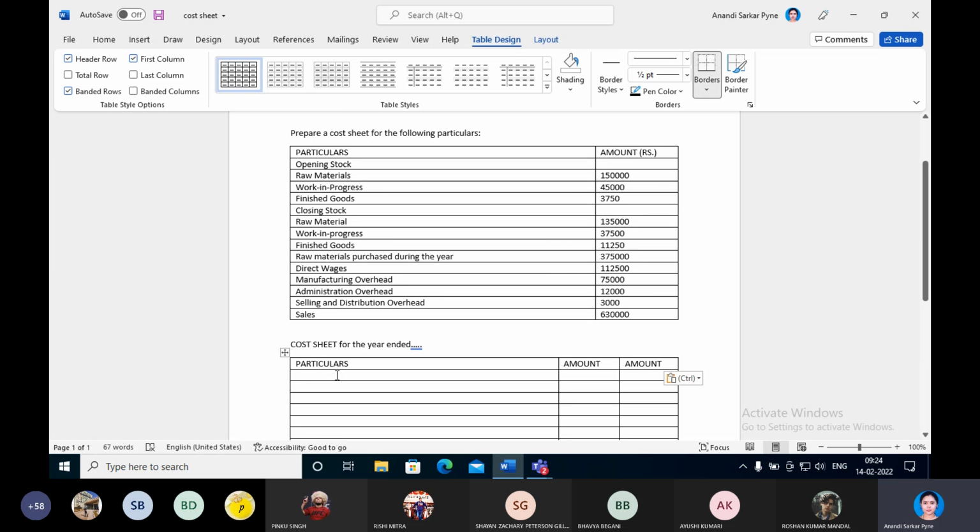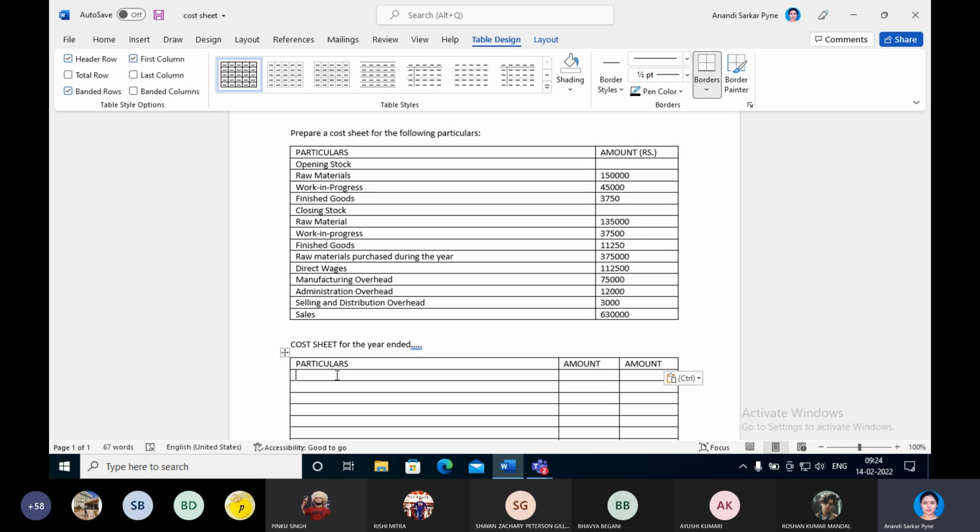In a cost sheet, first we consider all the direct expenses, then we start considering the indirect expenses. So let's start searching for all the direct expenses. Raw material is one of the direct expenses. Opening stock plus purchase minus closing stock gives raw material consumed.